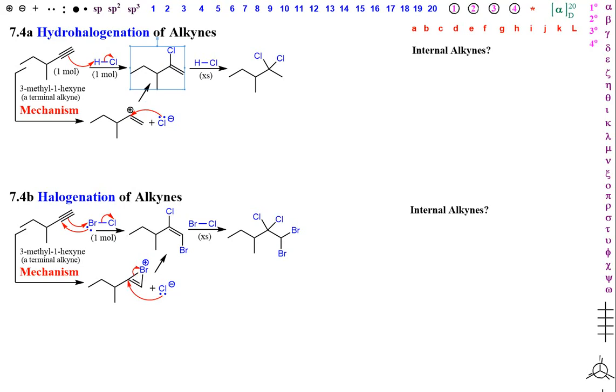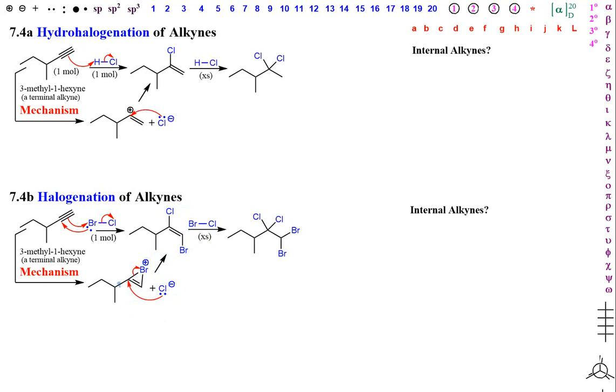The Markovnikov, where the more electronegative chlorine is on the more substituted carbon, and I know you don't see a new H here, but there's two H's there. There was only one before. In the very first step, we got our second H. In this one down here, cyclic bromonium is attacked on the more substituted carbon, backside attack, gives an anti-stereoselectivity with chlorine on one side and bromine on the other.